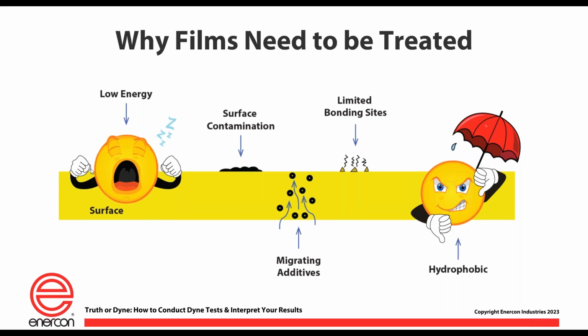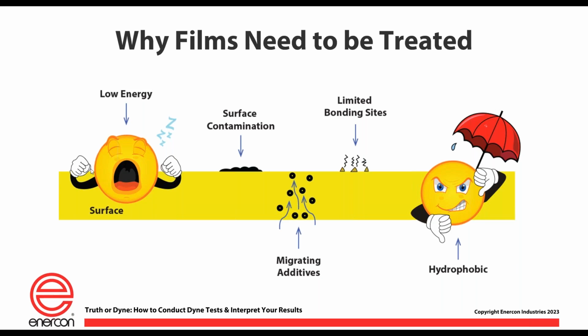Well, these polymer films that we convert or extrude all have very low energy surfaces, meaning that if you're trying to apply a liquid, whether it's an ink, an adhesive, or a coating, regardless of its chemistry, whether it's solvent, UV, water-based, or 100% solids, those products typically on their own with a low surface energy substrate film are not going to wet.